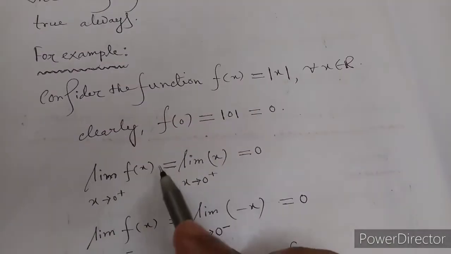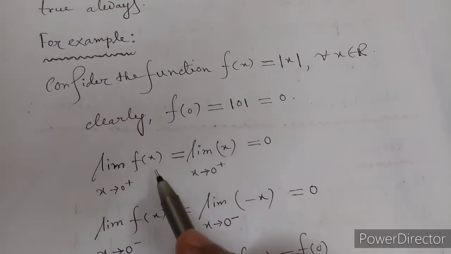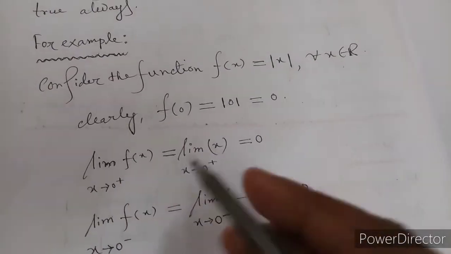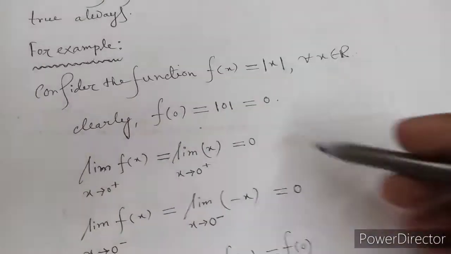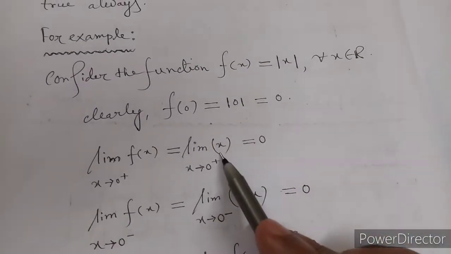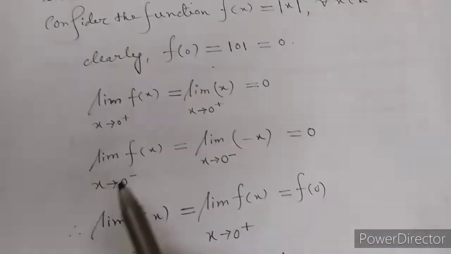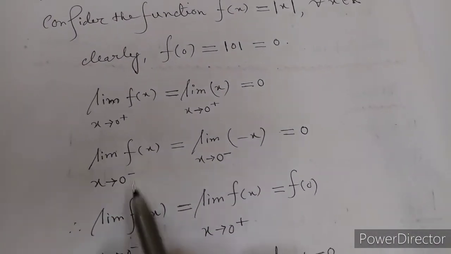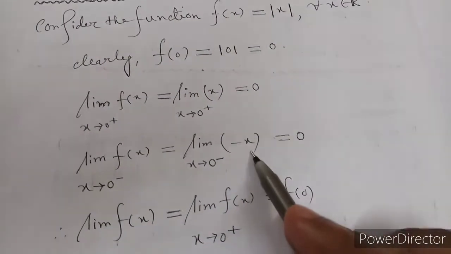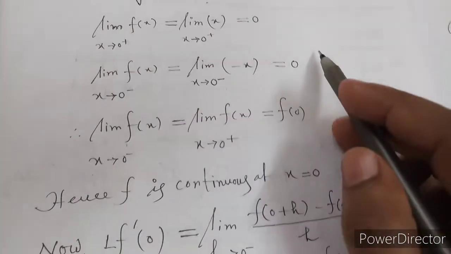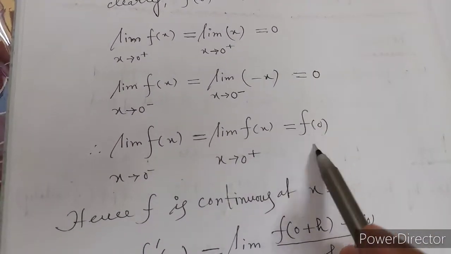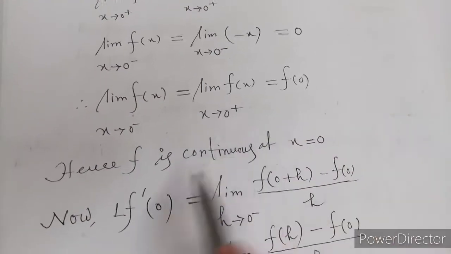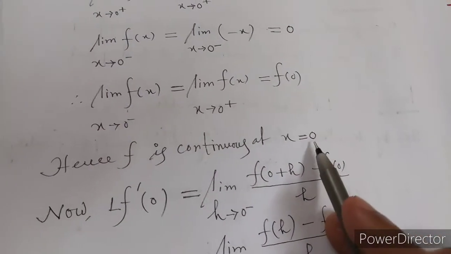The right hand limit, as x tends to 0 plus: since for x greater than 0, mod x equals x, that should be 0. The limit as x tends to 0 minus of f of x is minus x, and that is also 0. So clearly left hand limit equals right hand limit equals the function value at the point 0. Hence it is continuous at x equal to 0.